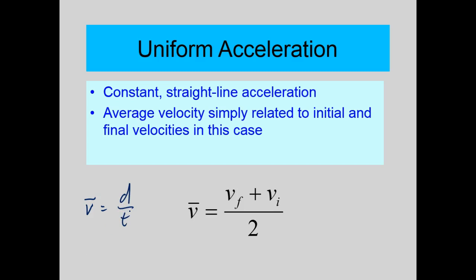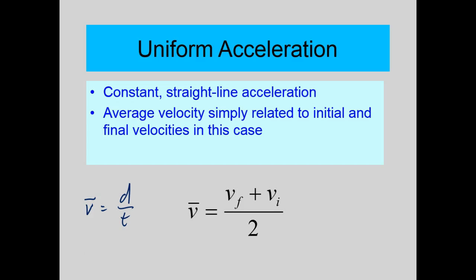So if you can relate the two of these, you can find all sorts of information. Remember that change of displacement over change of time. That was our first definition of average speed, average velocity. Here's the second one: final velocity plus initial velocity divided by 2. We're going to use this concept in today's lab. So hang on to it. Remember it. Okay?